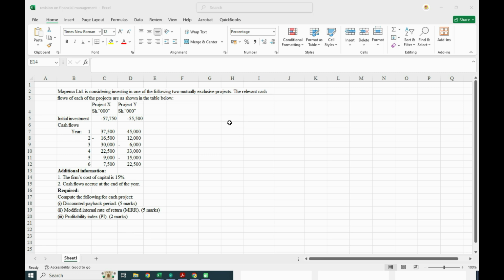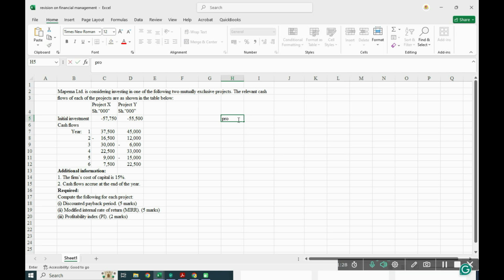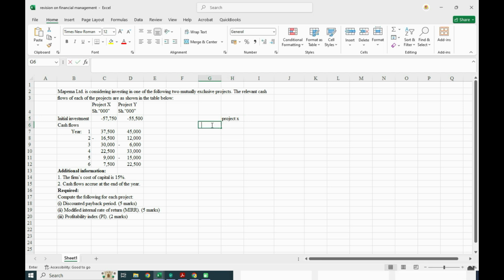Discounted payback. Let's start with project X. For project X, I will have my years, year 1 to year 6, and I will autofill that way.